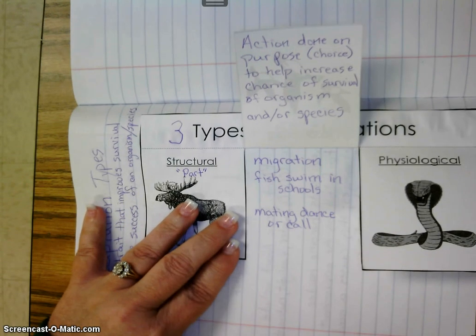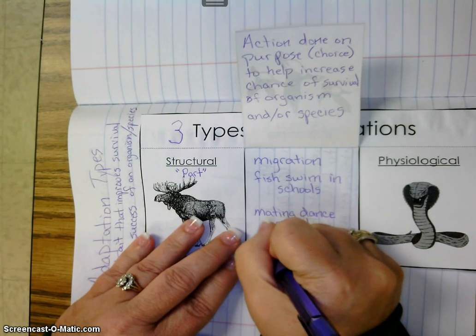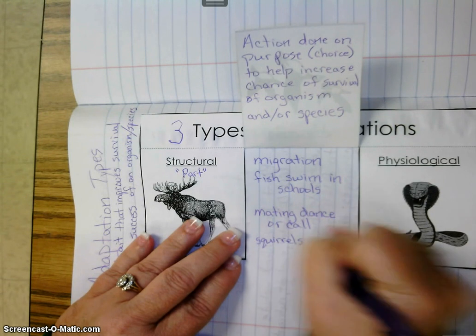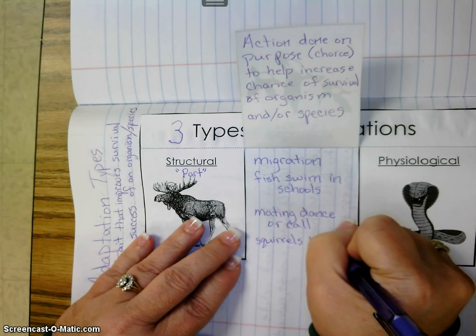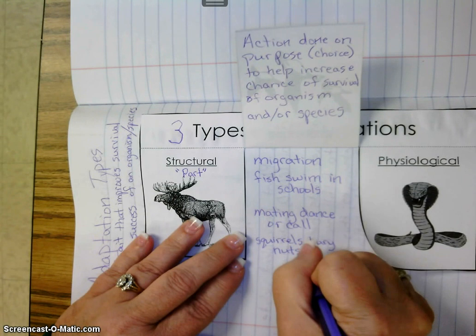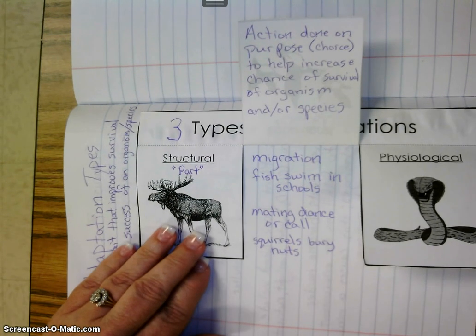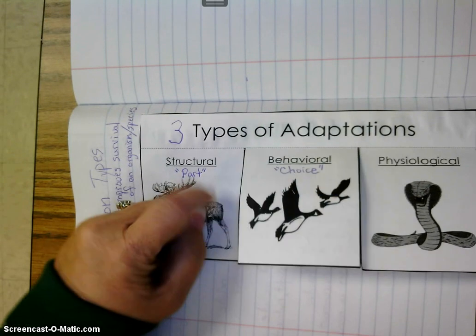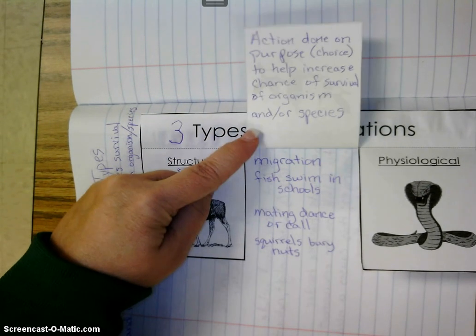They'll be able to reproduce. A squirrel or any other animal that hoards away food, like squirrels bury nuts in trees in the ground so they can come back and eat them later when there's not as much food around. Those are all examples of behaviors that animals choose to do so that they can survive.